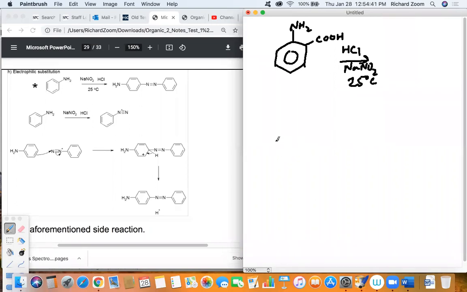So again, what I would do is I'd probably twist it around just to make it a little bit easier. Draw the diazonium salt. And then draw the initial compound.